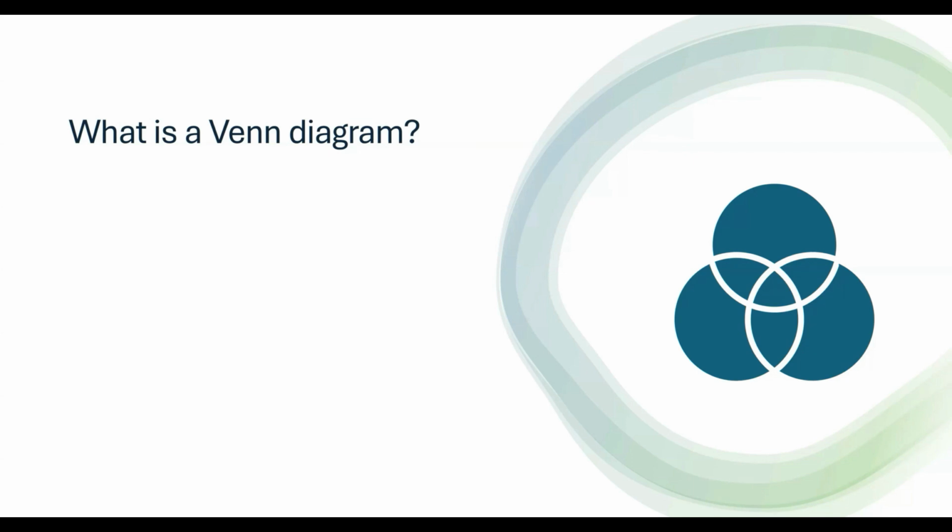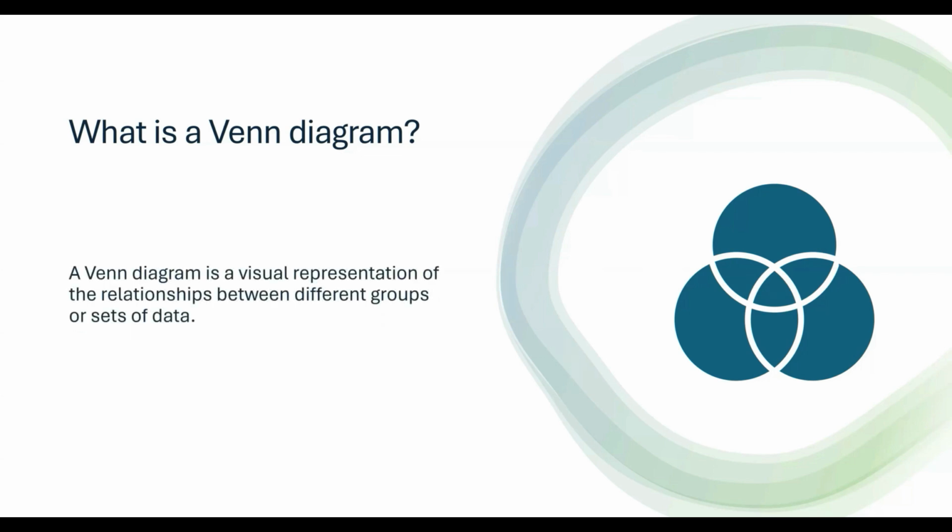Now, this is something you probably already know, a Venn diagram. You hear about it, but by now, after you have gone through this with me, you know that a Venn diagram is based on the idea of sets. A Venn diagram is a visual representation of the relationship between different groups or sets of data.